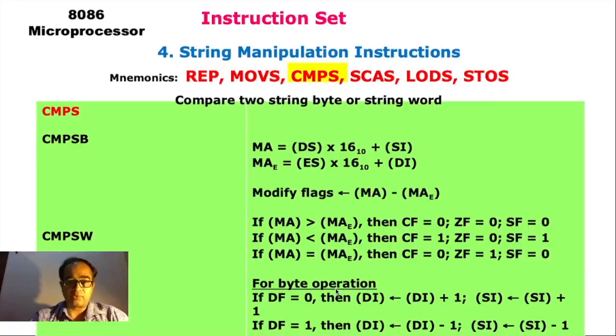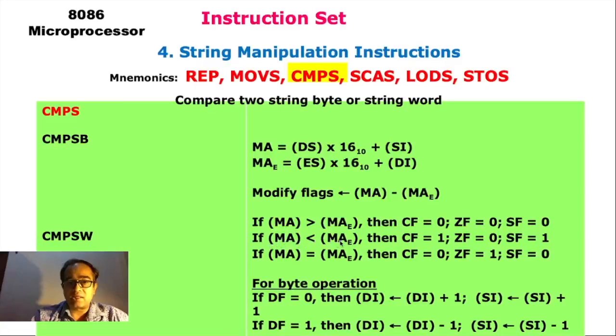Coming to the comparisons, the comparison would be either a byte or a word. Comparison goes like this. If the source is greater than the destination, then the carry flag, zero flag and sign flag are all reset.